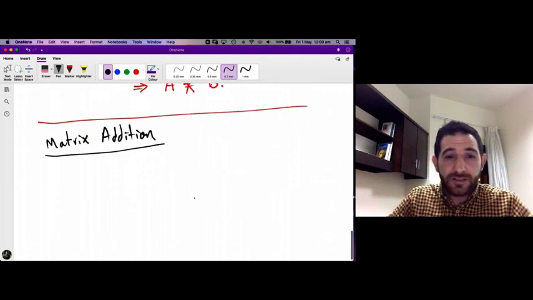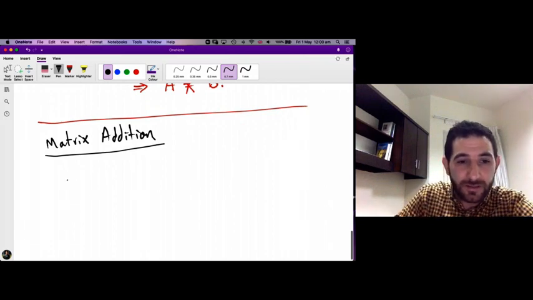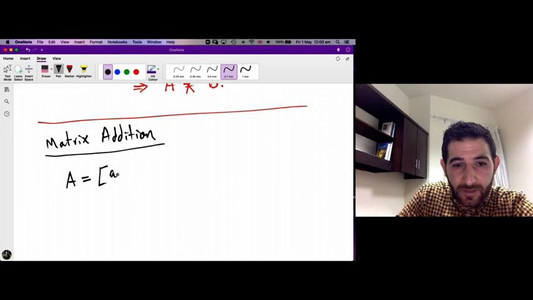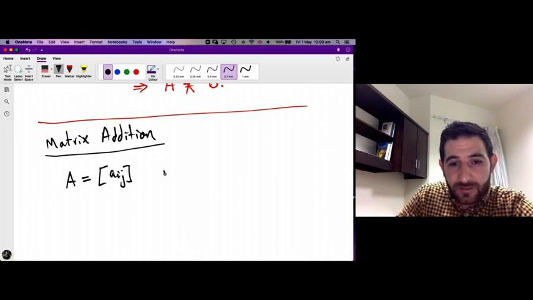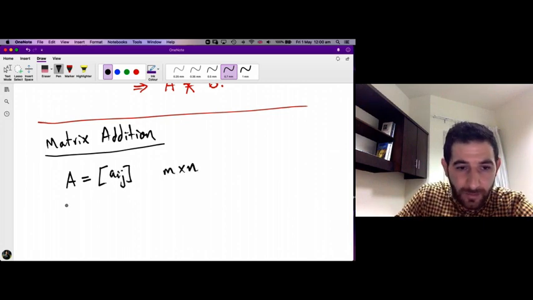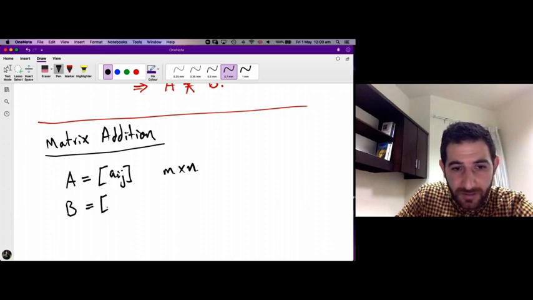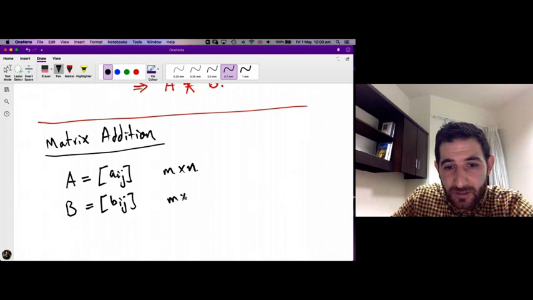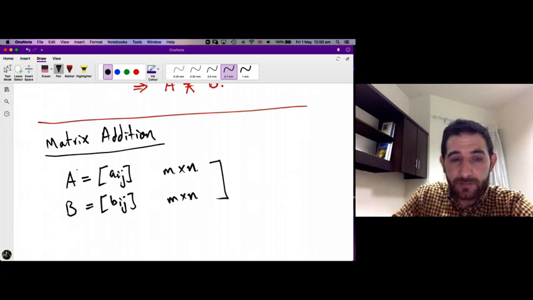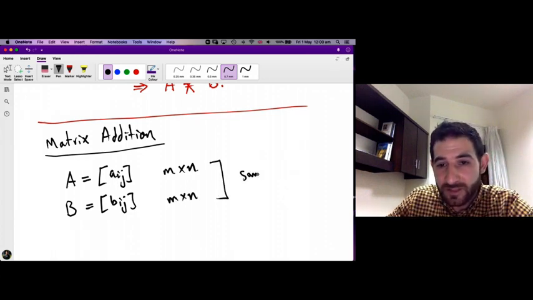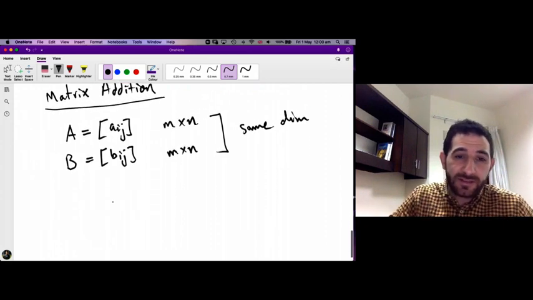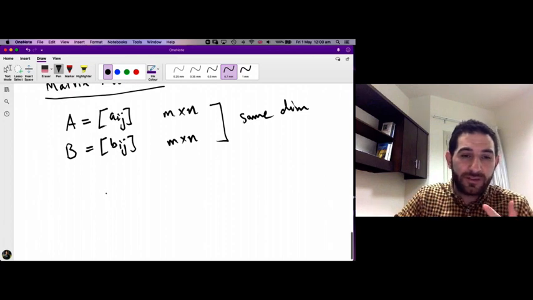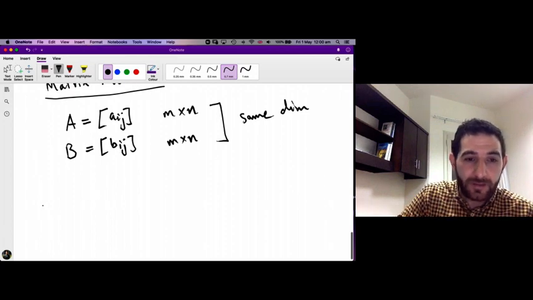To add matrices, we have the following setting: a matrix A, whose entries are denoted by Aij, and it is of dimension m by n; another matrix B, whose entries are denoted by Bij, and it also has the same dimension. So to add matrices, we have to have the same dimension. Once we have this input, then we can define the addition.